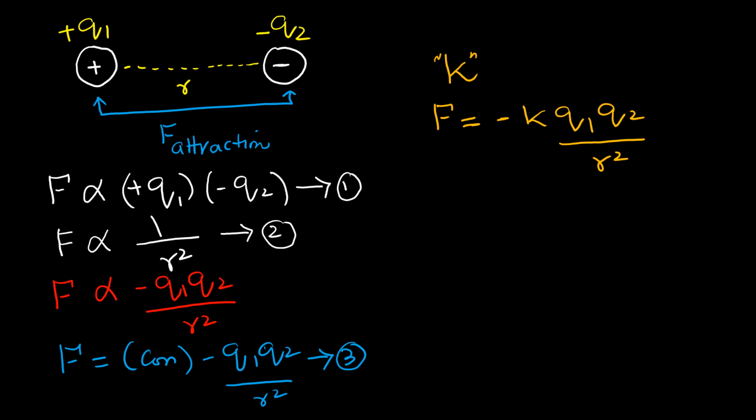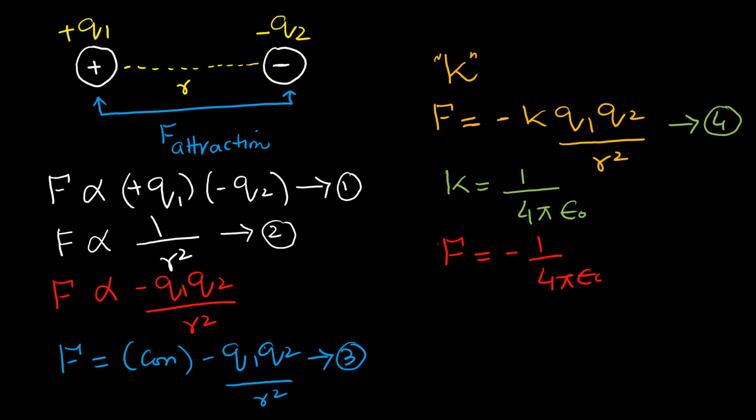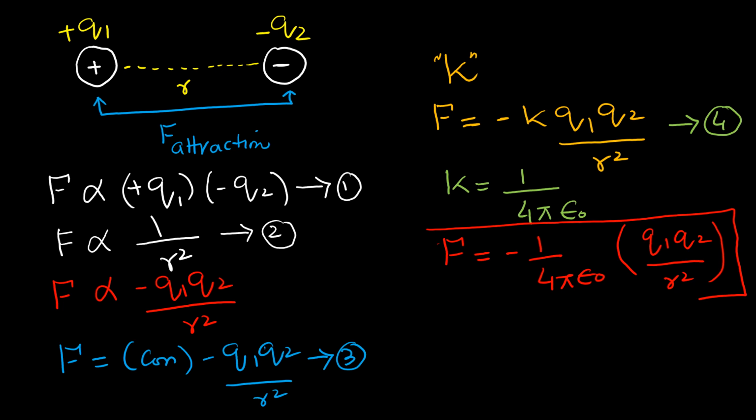Suppose this is equation number 4, and you know that K is equal to 1 over 4 pi epsilon naught. So we can write this equation as force between two opposite point charges is equal to minus 1 over 4 pi epsilon naught into Q1 Q2 divided by R square. So this is called the Coulomb equation for two opposite point charges.